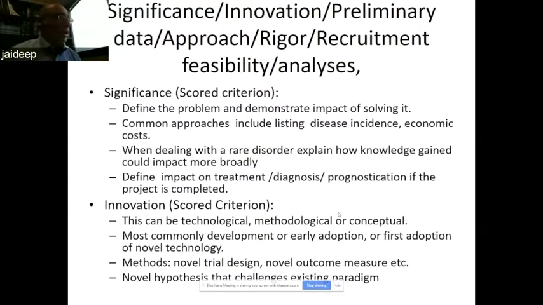That's great if you're doing stroke research, because stroke is so common, or Alzheimer's disease, which are common disorders. However, when you are dealing with a rare disorder, you have to explain how knowledge gained by studying that rare disorder will lead to much greater understanding of a general principle of clinical management, diagnostics, or treatment.